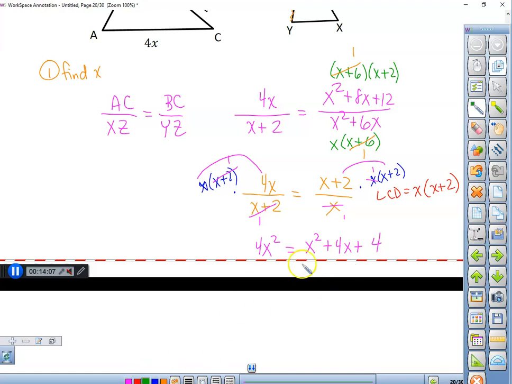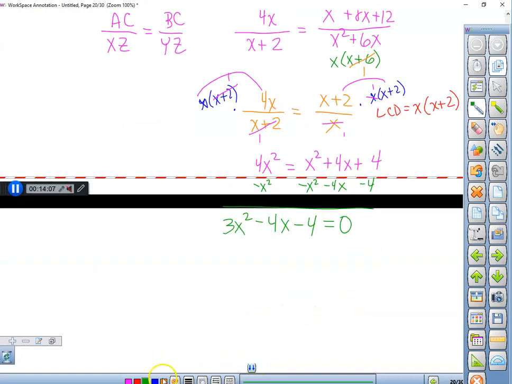So I'm going to have a quadratic, and I want it in standard form, so I would like my x squared term to be positive. So I'm going to subtract x squared, I'm going to subtract that 4x, I'm going to subtract that 4, and so I'm going to get 3x squared minus 4x minus 4 equals 0. Alright, so now I'm looking to see if I can factor this, and I'm hoping I can.